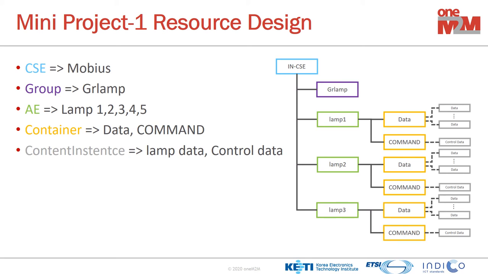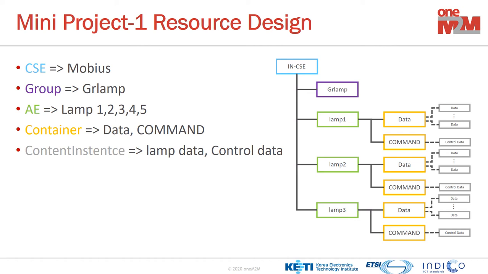So this is the resource tree design that we are going to try right now. There will be lamp 1 to 3, and in each lamp there are sub-container resources representing data and command. Data is the sensor measurement, and the command is the actuation commands. In the data, there are sensor readings from the lamp and status reading.